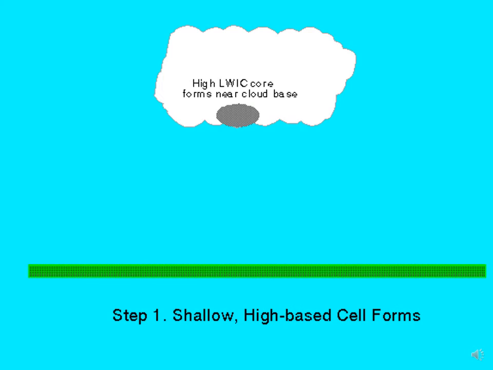So here we have a shallow, high-based cumulus cloud. So there's a long distance between where this cloud base is and the ground. And we have a high liquid water or ice concentration core that is falling near the base of the cloud, and it's going to fall out towards the ground.